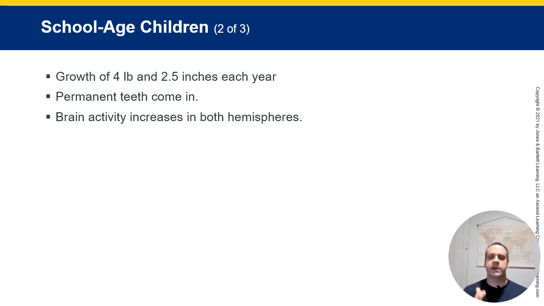This is the age where you're going to see huge academic gains, but also an increase in motor coordination. Kids are riding bikes, participating in team sports, and handling more responsibilities at home and at school. One key development sign is, again, the loss of baby teeth and the introduction of permanent teeth.